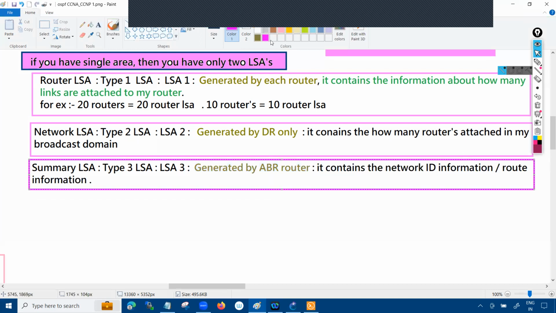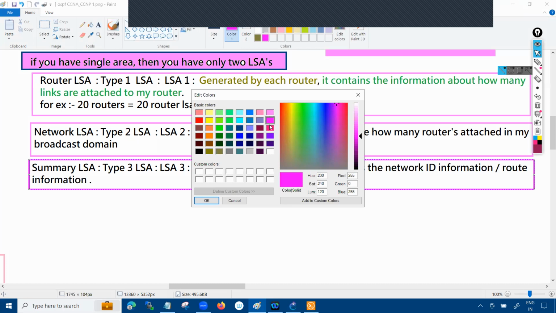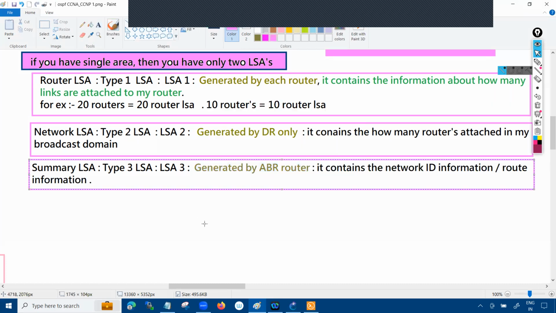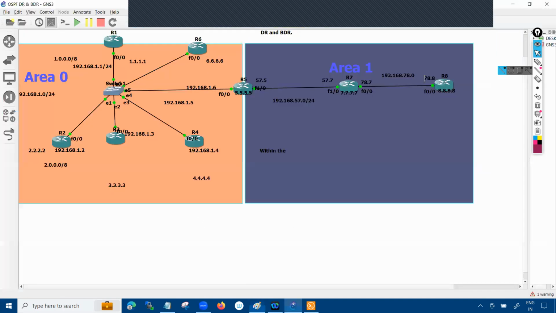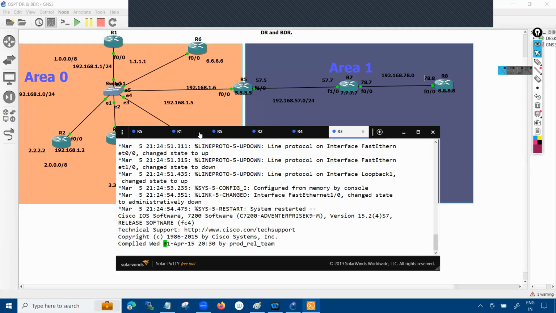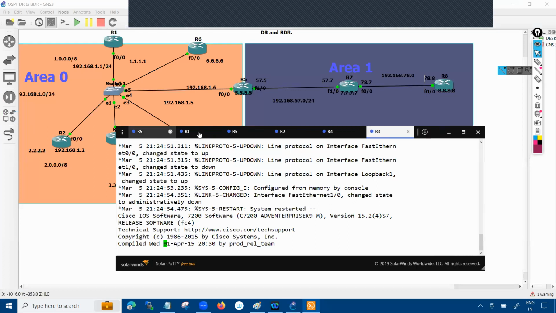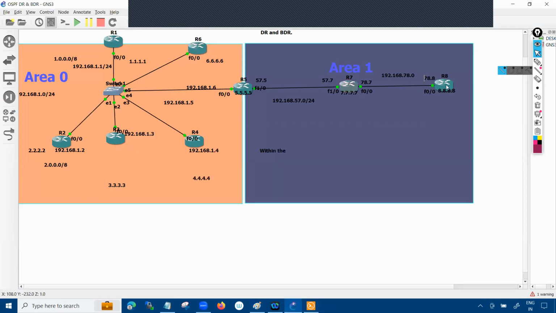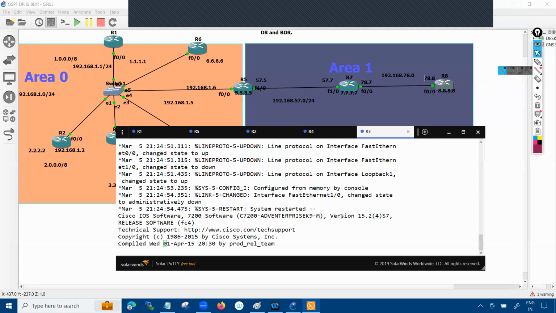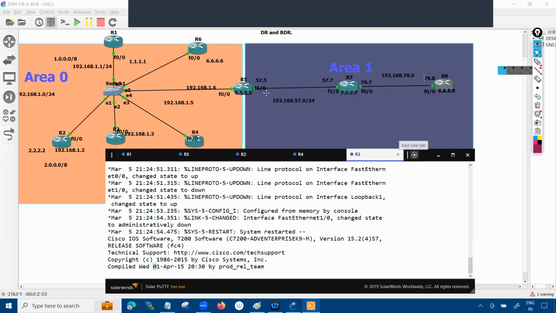All good. So if you have a look right now, how many routers do we have? Router 1, router 2, router 3, router 4, router 5. Router 6 is missing, router 7 is missing, router 8 is missing.